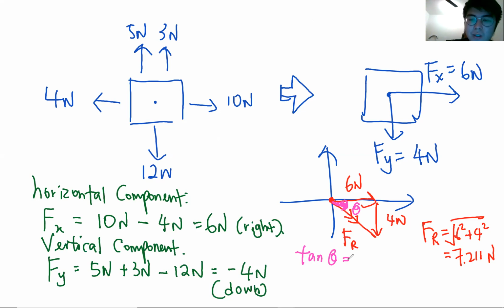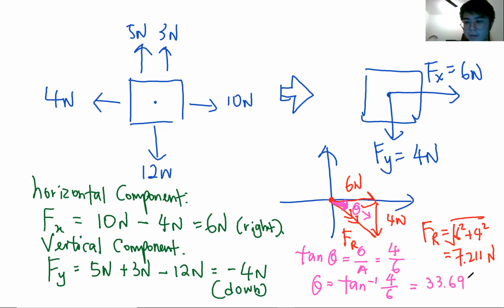equals tangent is opposite over adjacent, right? So the opposite of the angle theta would be 4 divided by the adjacent would be 6. So theta equals tangent minus 1 of 4 divided by 6, equals 33.69 degree.